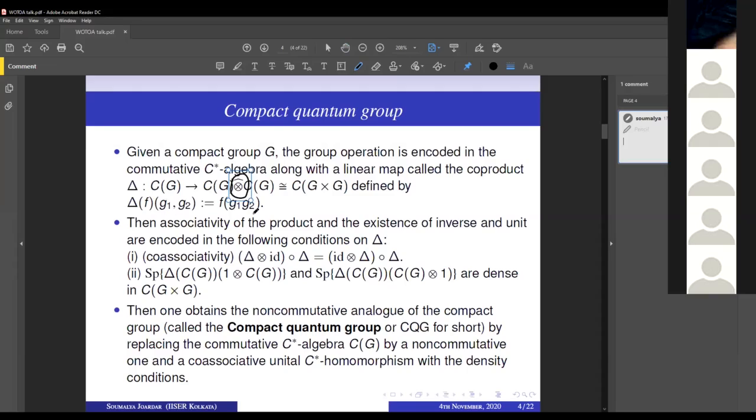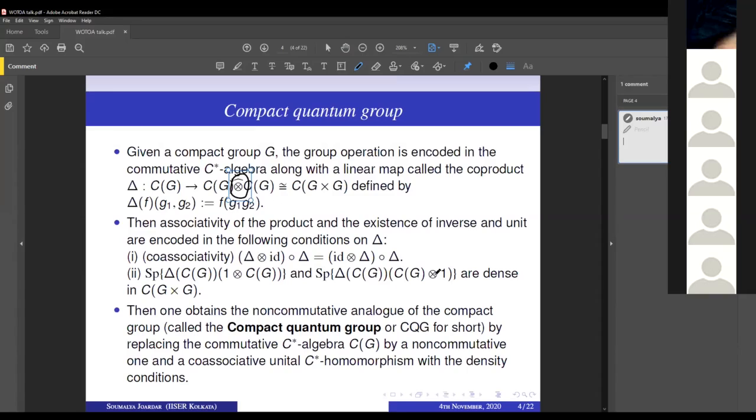Then associativity and the existence of inverse and unit are encoded in the following two conditions. This condition is called co-associativity, and this density condition actually encodes the existence of inverse and unit.